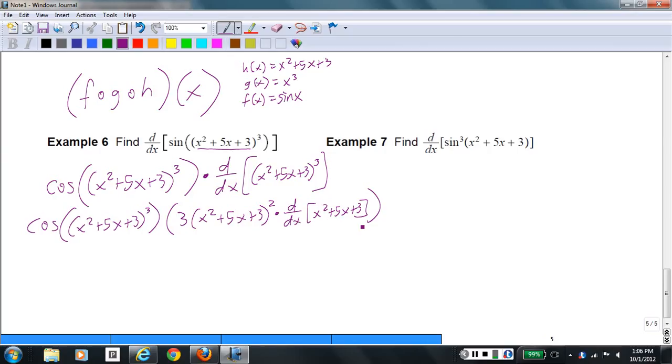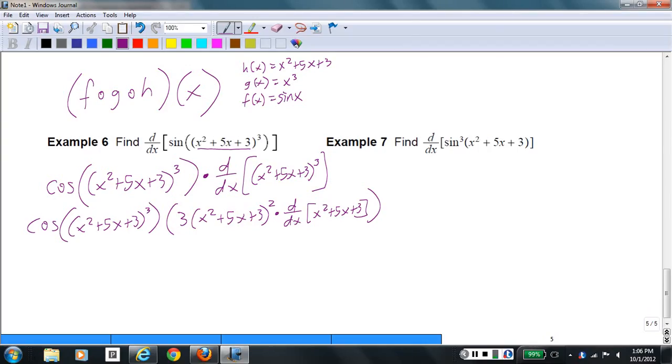And then we're almost there. Just one more easy derivative to take. Chain rule has been pretty much exhausted there. And we just need to use the power and sum and difference rules from that point on. So it's going to be the 3 times the expression to the second power, probably should go in front. Then the cosine.